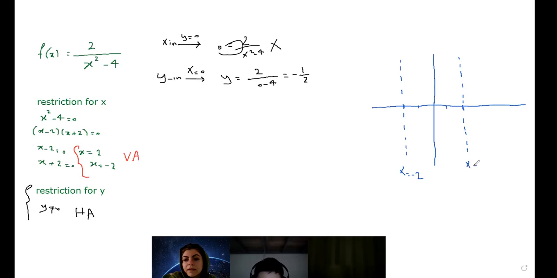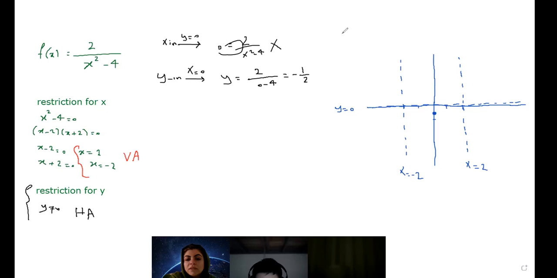This is your vertical asymptote. For the horizontal asymptote, we have y equal to 0. And I have the y-intercept at negative 1/2. If this is negative 1, this is my y-intercept.